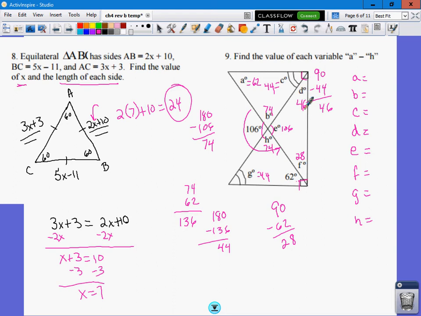I should be able to see if I add 46, 106, and 28 together, I do get 180. And so A is 62, B was 74, C is 44, D is 46, E is 106, F is 28, G is 44, and H is 74 degrees.